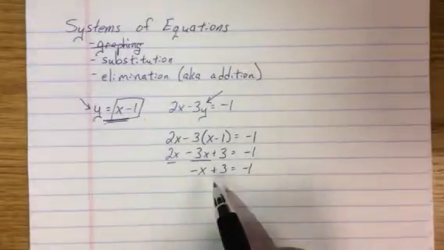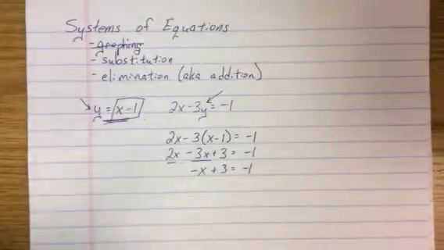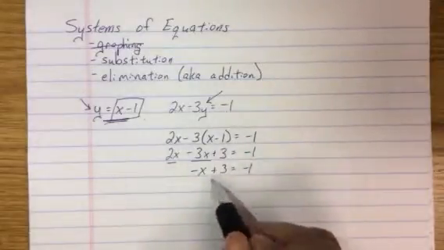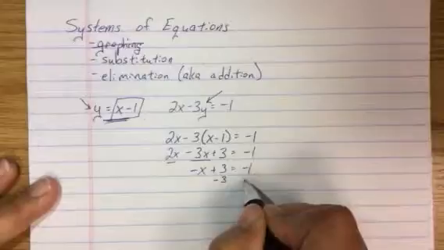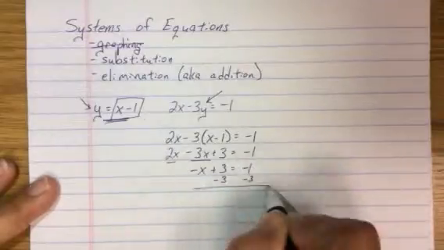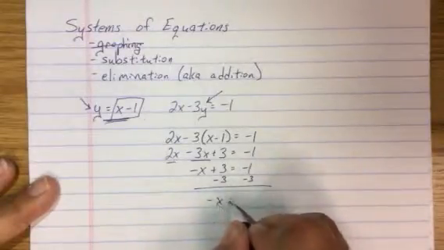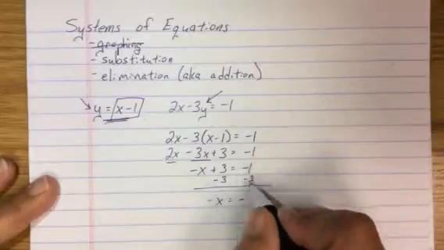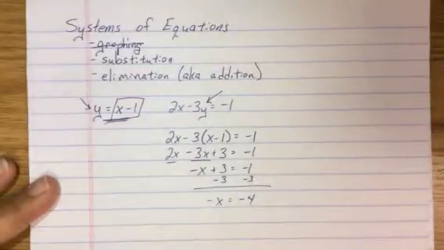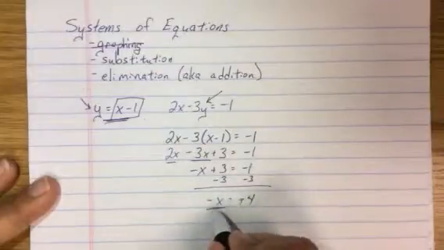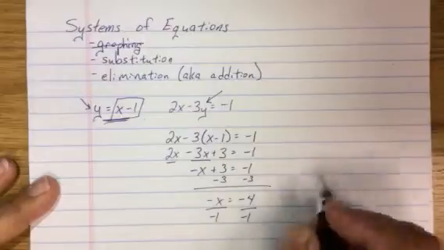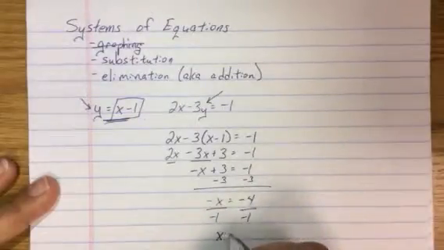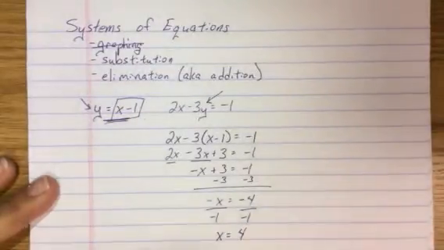Nope. Only one variable. Do I have to add or subtract a constant? I sure do. This is a plus 3, so to undo it, I minus 3. Negative 1 minus 3 gives me a negative 4. Last step is divide. Remember, that's actually a negative 1. So I divide both sides by negative 1. I get x equals 4.